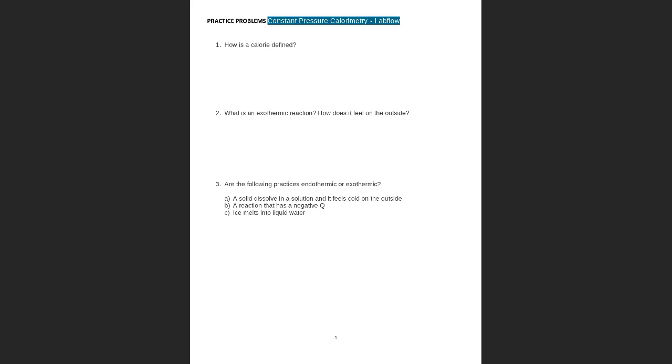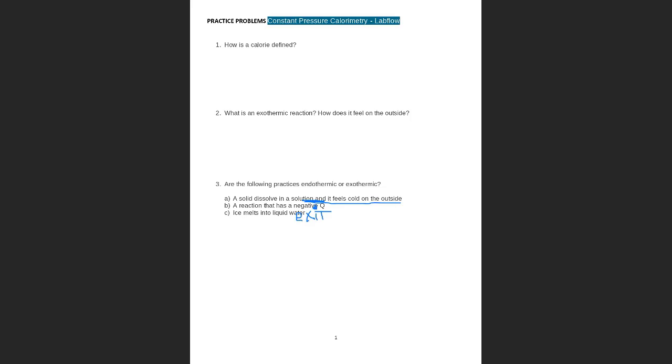Okay, so we said that an exothermic reaction is a reaction that releases heat. People remember exo as exit. Many people do that. So the heat exits the system.